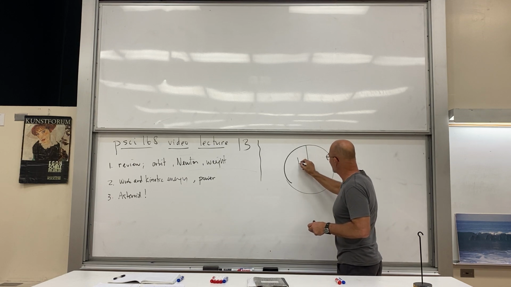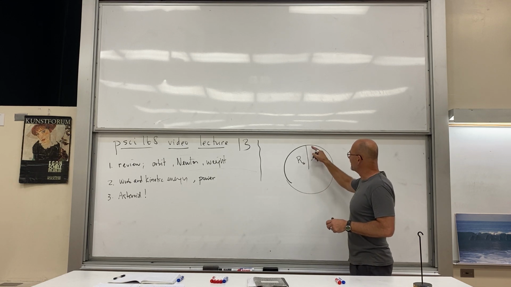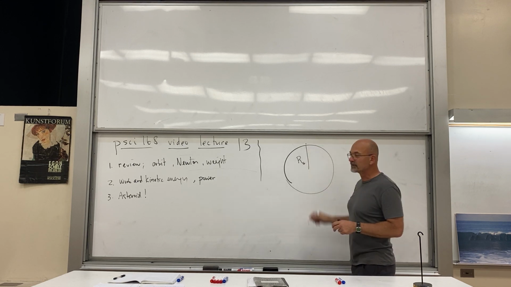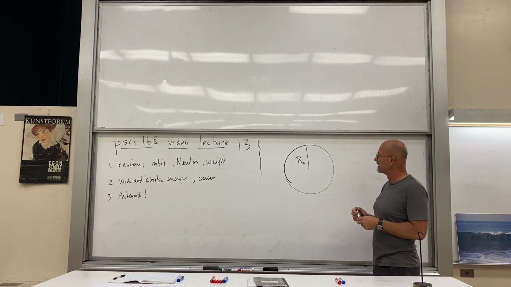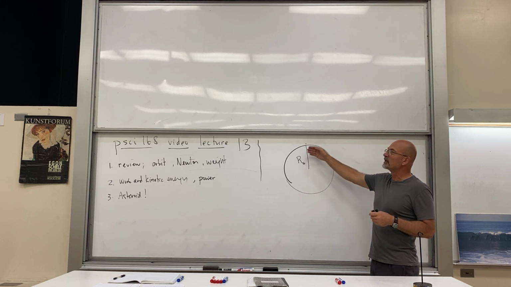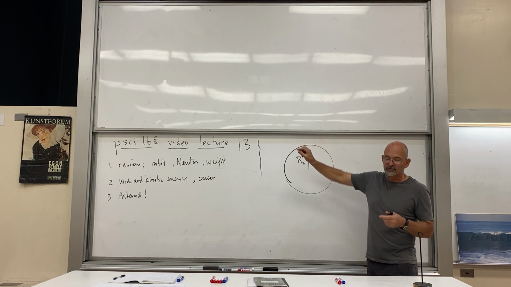There's the radius of our Earth. Near-Earth orbit means that we're pretty darn close to the surface of Earth compared to the radius of Earth itself. After all, say 200 kilometers versus 6,000 kilometers. That really is just a little increment that I've drawn there.